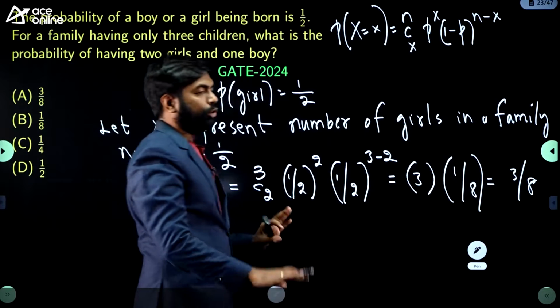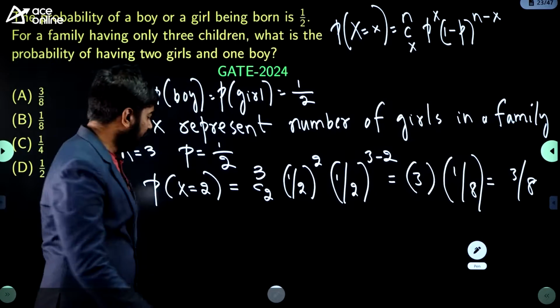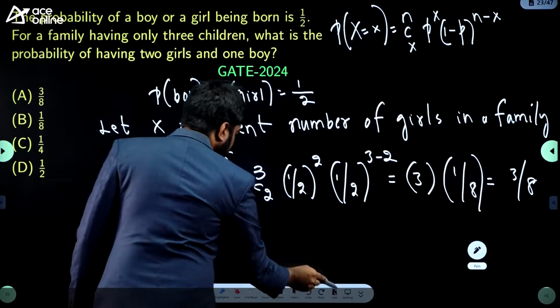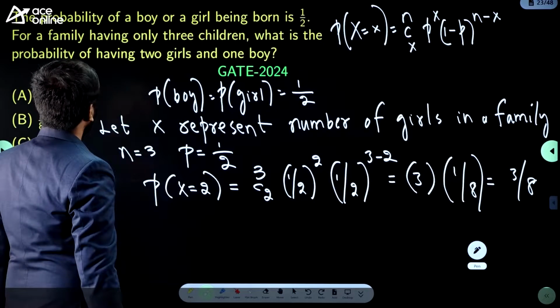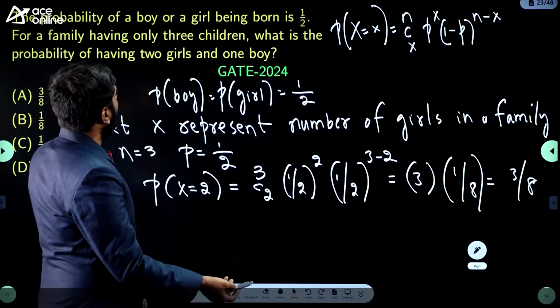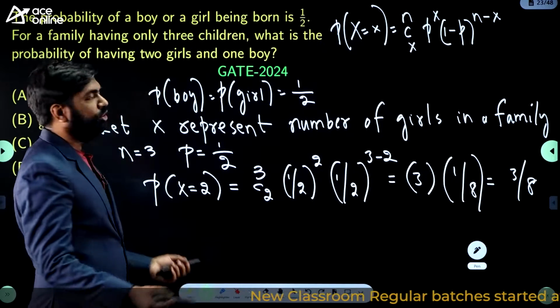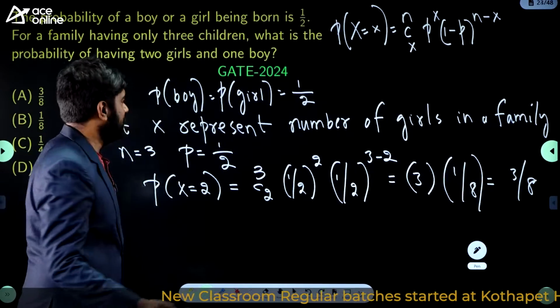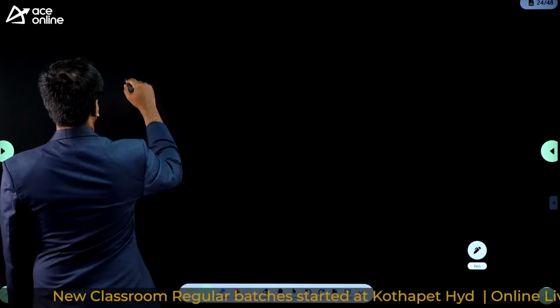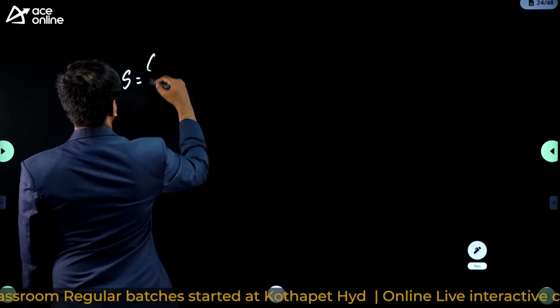This is one way of solving the question. We have another way of solving it, let me tell you that way. The probability of a boy or a girl being born is 1 by 2, so equally likely, and a family has 3 children. Have a look at the sample space, an alternate way of solving.